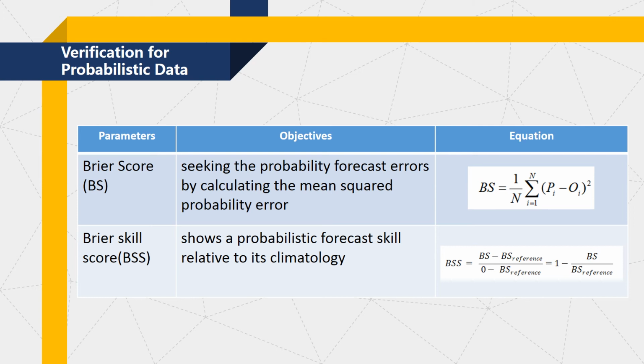Brier scores could be interpreted into three factors: reliability, resolution, and uncertainty. The Brier score ranges from 0 to 1, where the closer to 0, the better the forecast skill. The Brier score is solely determined by event frequency.